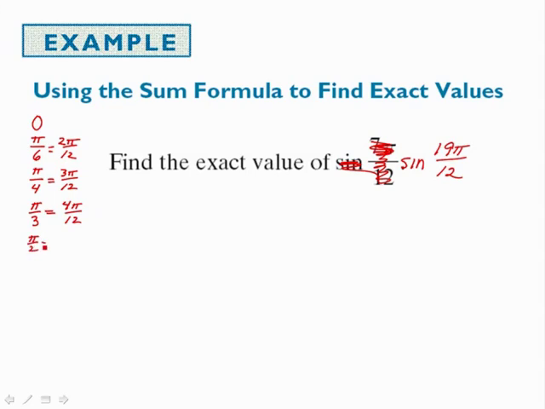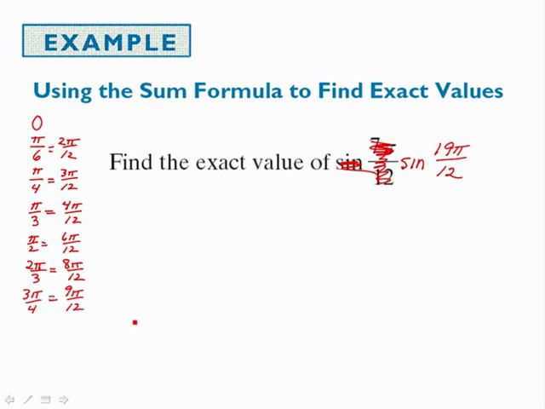Pi over 2, which is what, 6 pi over 12, right? What else do we have? 2 pi over 3, which is going to be 8 pi over 12. And then we have 3 pi over 4, correct?